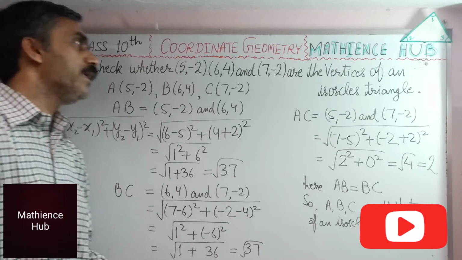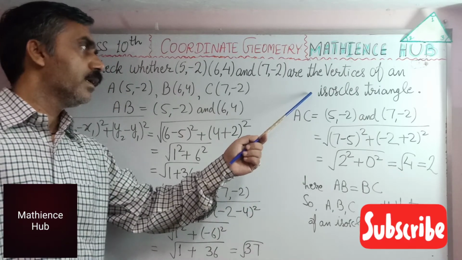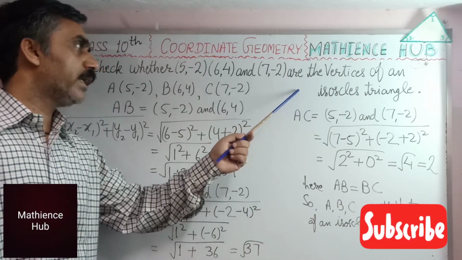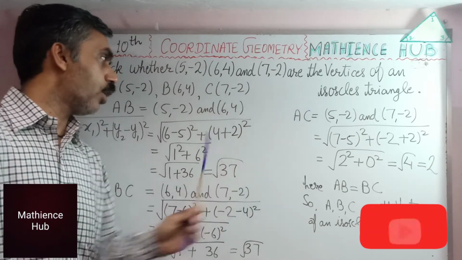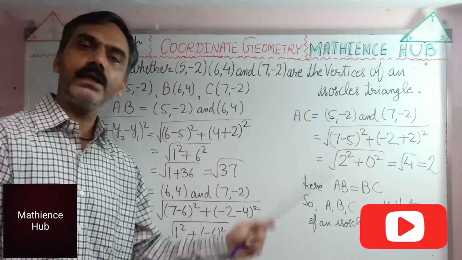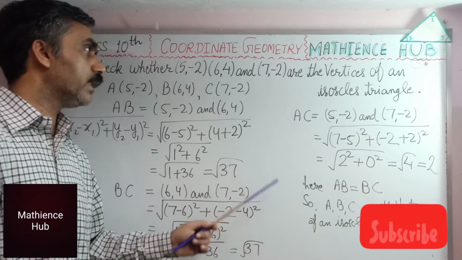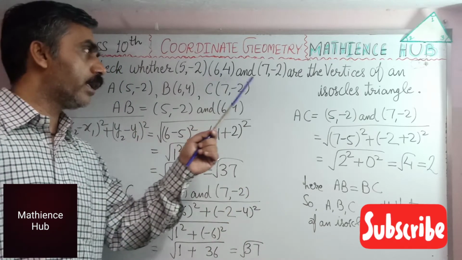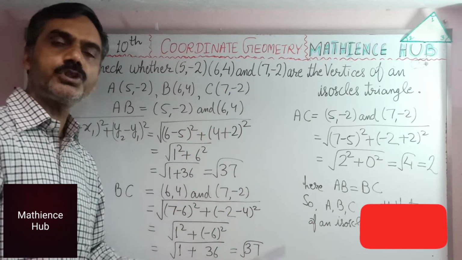So in any question of this type, if you find the vertices of an equilateral triangle, all three sides are equal. So you see, read the question very carefully and then solve it.